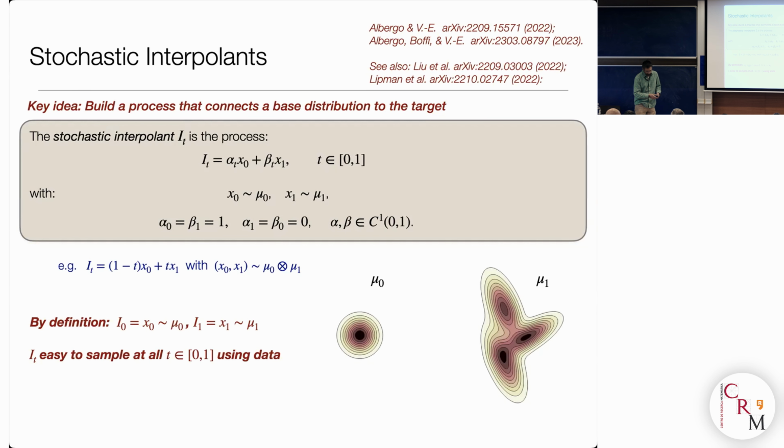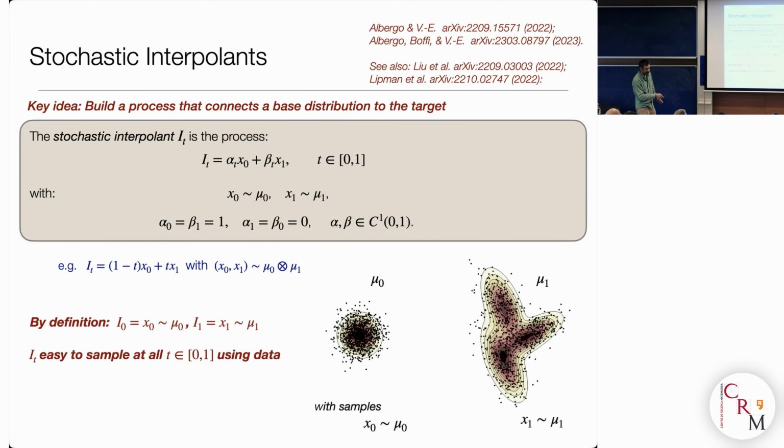I'll try to illustrate that very quickly in pictures. Imagine that this is the base, this is the target, and you have samples available from both of them. Typically, that's the only information you have about these distributions. Then you can construct this interpolant, which is essentially pairing points a priori at random, if there is no coupling, by a straight line if you use the interpolant that is linear like that.